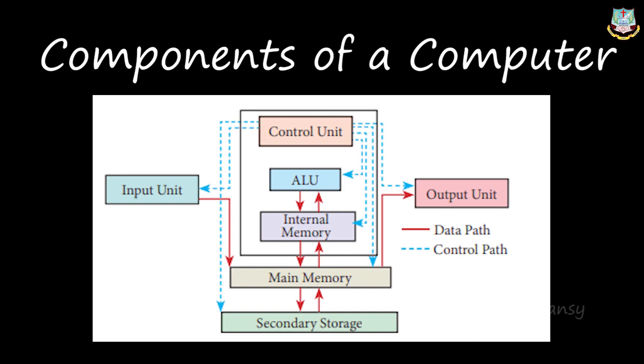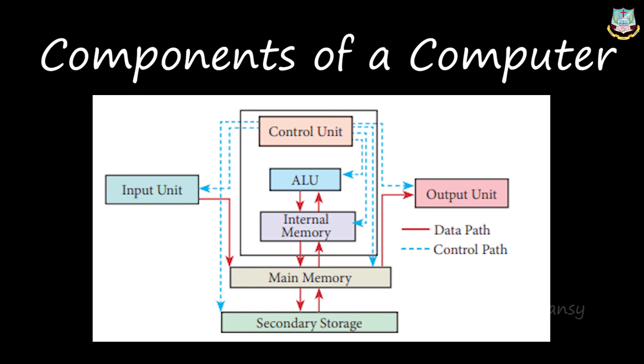Okay, the primary memory is volatile and its content is lost when the power is off. Suddenly if the power is gone, if you don't have an inverter, the data will be lost. Random access memory is the example for main memory. Okay, and the secondary memory is non-volatile.